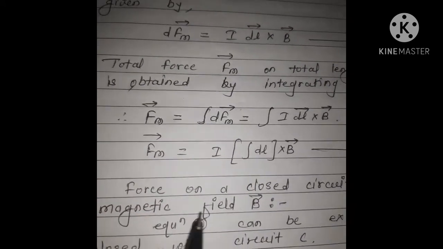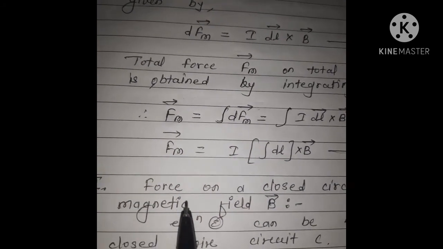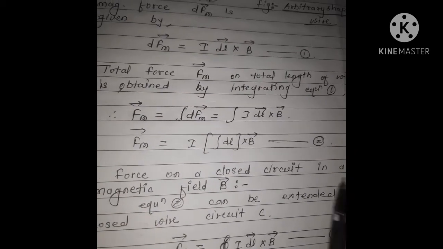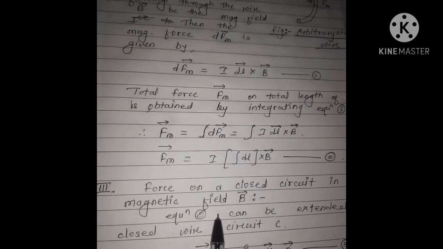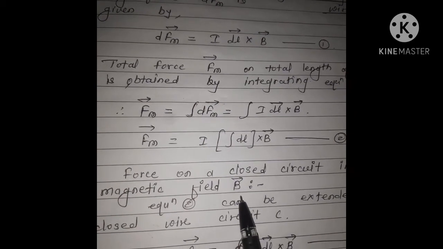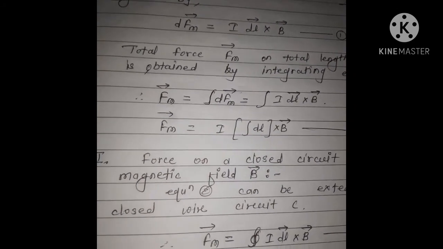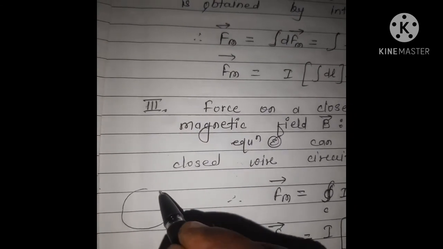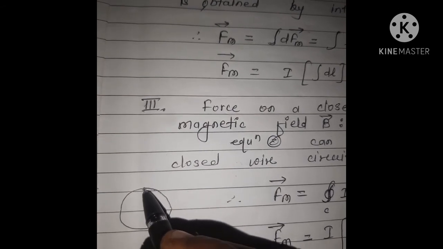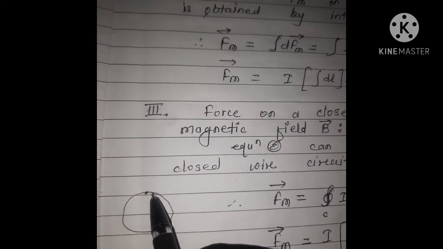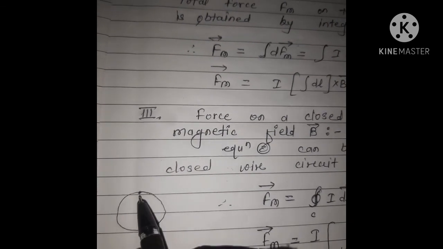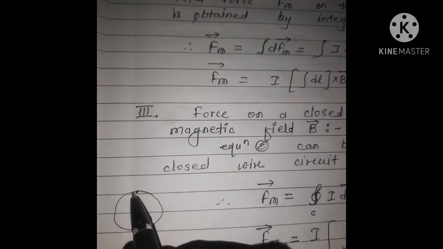Now we are going to calculate the magnetic force acting on a closed circuit, when it is placed in an external magnetic field B. Closed circuit means, like this, suppose both the terminals or ends of a conducting wire are connected.